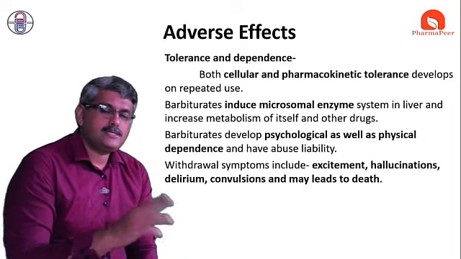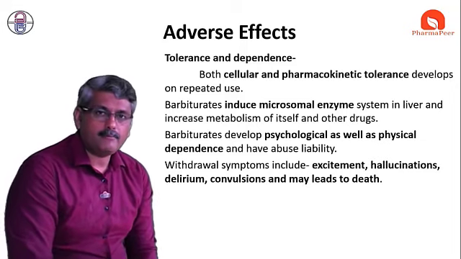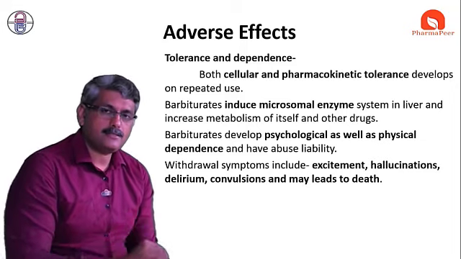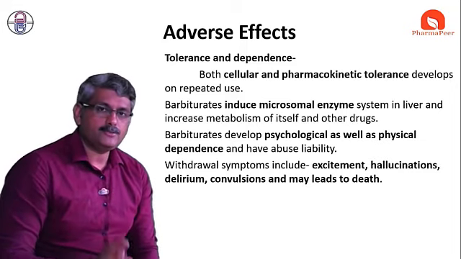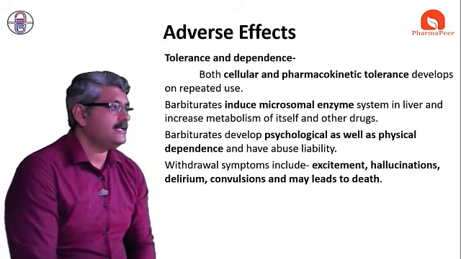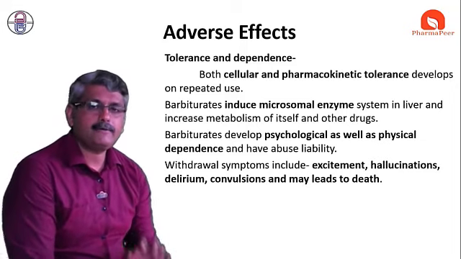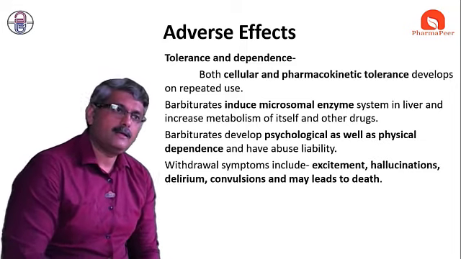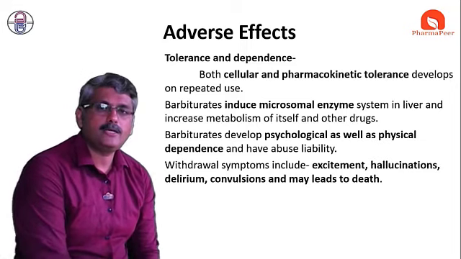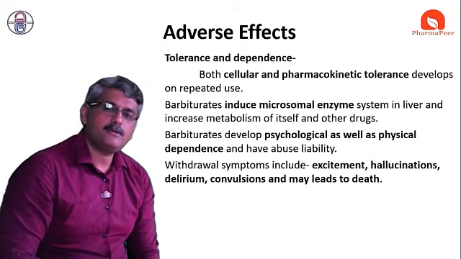So the dose is variable, and it has variable adverse effects. And what are its therapeutic uses and applications, that we have seen in this lecture. So if you have any doubt, if you have any query, let me know. I'm trying to clear it for you as much as possible. Thanks for listening.